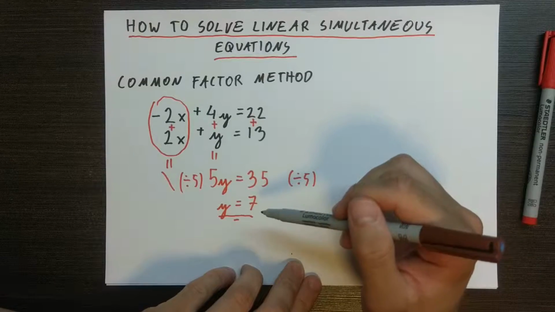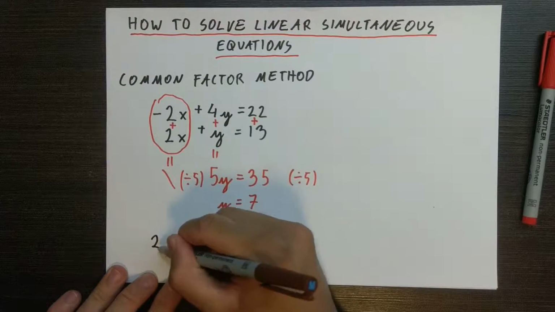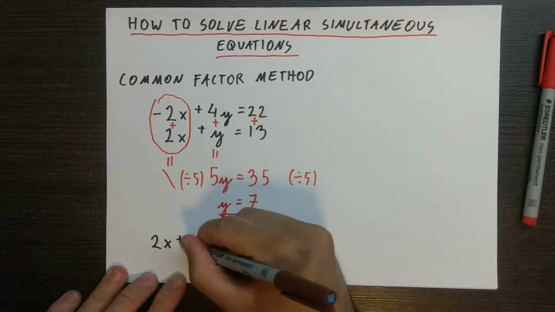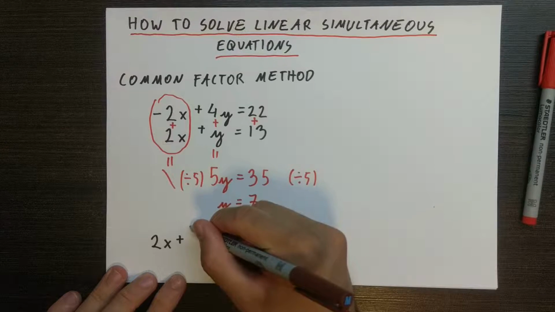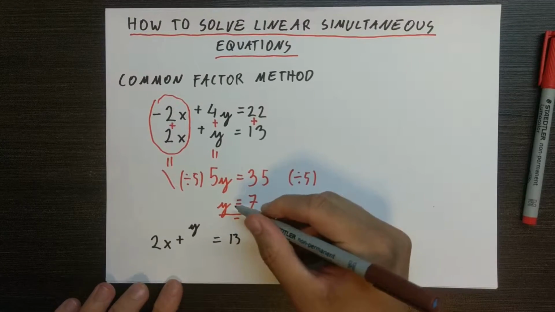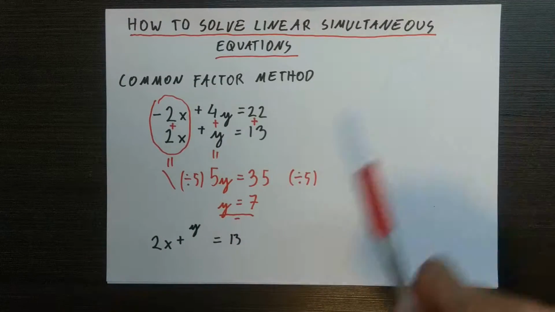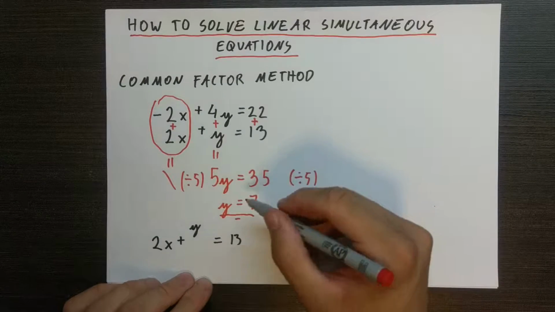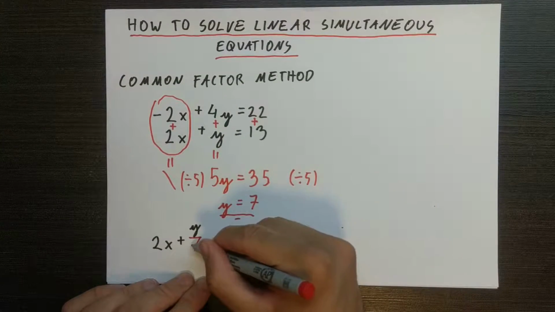So what do I mean? Well, let me copy down this equation. So if we have 2x plus y, I'm going to put it down here, equals 13. Now, we know that y is equal to 7. So, what we are going to do is replace that y here, we replace that y with 7.